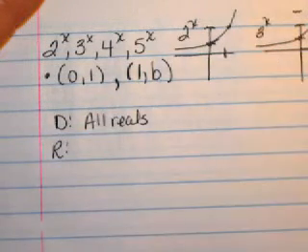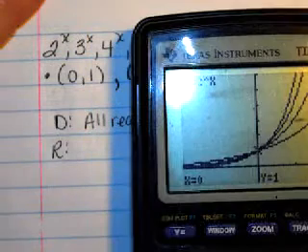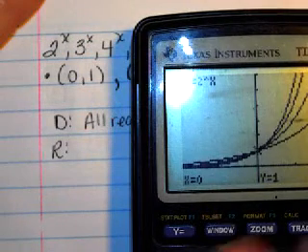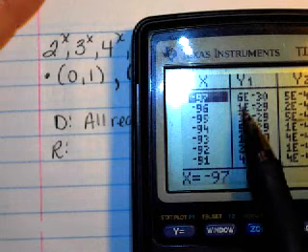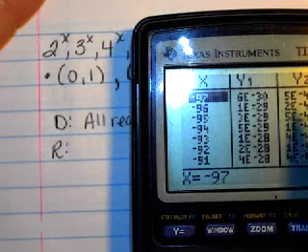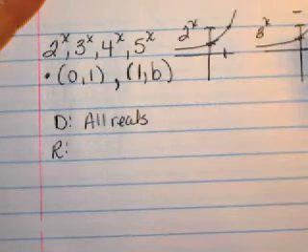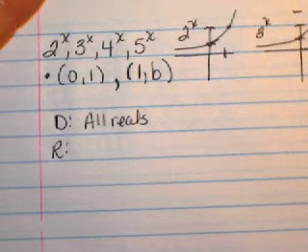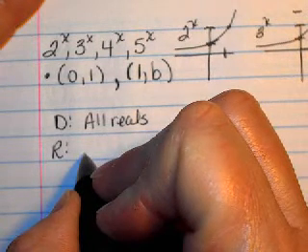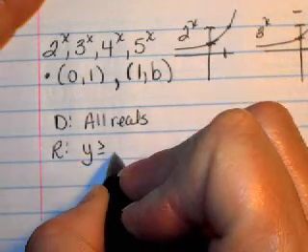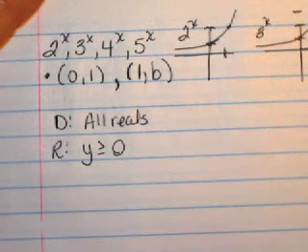It's getting really, really close to 0. And if we look at our picture, it's getting really, really close to 0. And if we go to our table, we can see how at negative 97, it's really, really close to 0, but it hasn't crossed it, and it never will. It never will cross 0. So we're going to put that y is greater than or equal to 0. That is our range.